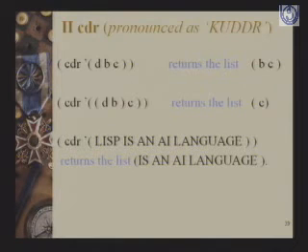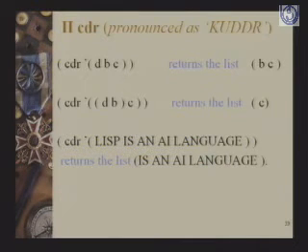So CDR is a list operating function which takes the argument as a list and also returns a list. Now further clarification. CDR of another list, but the difference between the first list and this list is that now DB itself is given as a list, which is an element in the given list. Hence, as in the case of car, the first element, which is the list DB, is dropped, and we are left with the list C. So we have to be very careful.